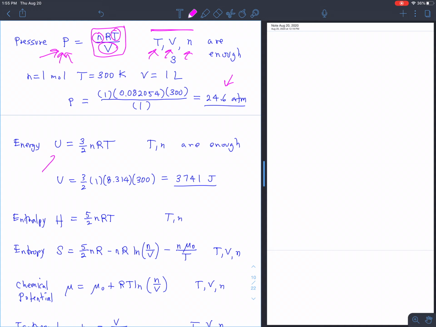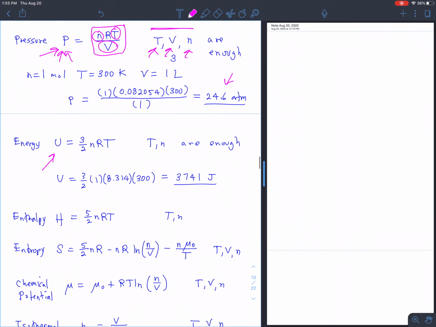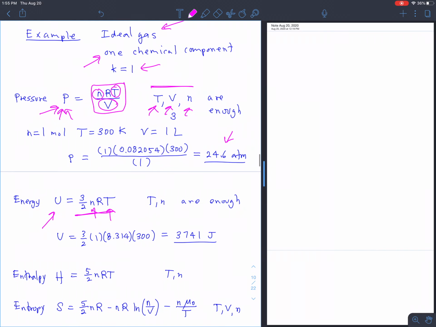Here's another case. In this case, it's the internal energy, so a different thermodynamic property for an ideal gas. That turns out to be, for a monatomic ideal gas anyway, 3/2 nRT. It only depends on 2 variables, that's fine. That means it doesn't really depend on the volume in this case, but the volume is still sort of formally there.